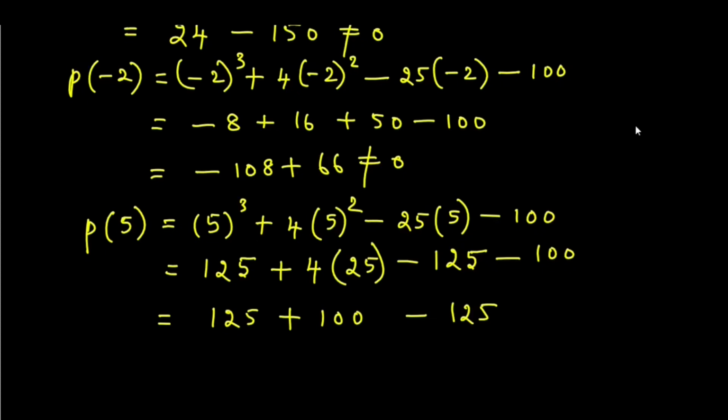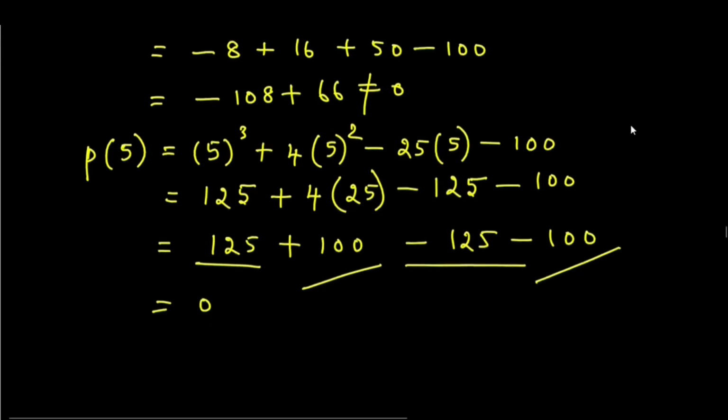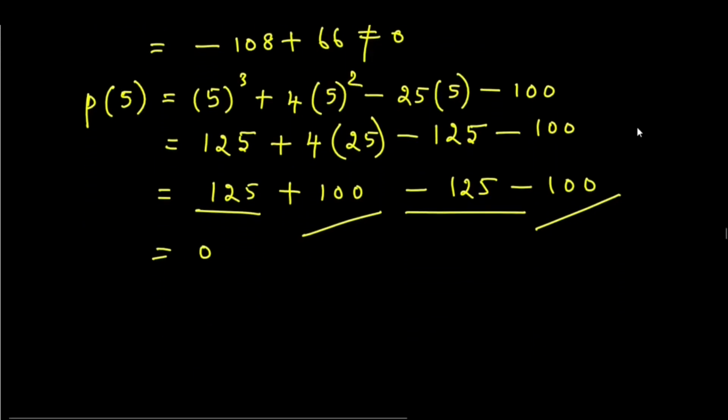Minus 25 into 5 is minus 125, minus 100. So this is 125 plus 100 minus 125 minus 100. So this is equal to 0. So we obtained 5 as a zero.